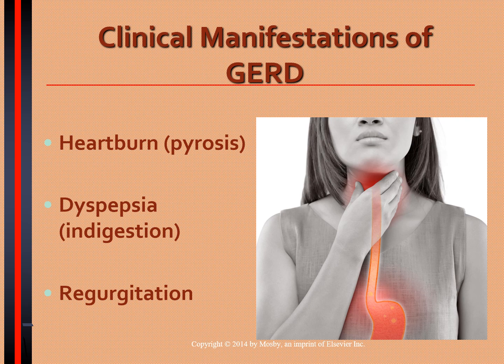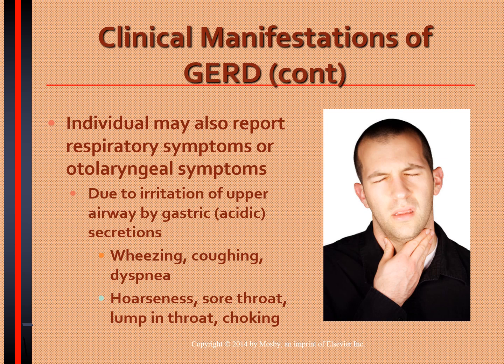Dyspepsia: pain or discomfort centered in the upper abdomen. And regurgitation, which is described as a hot, bitter, or sour liquid coming into the throat or mouth. The individual may also report respiratory symptoms or otolaryngeal symptoms. This is due to the irritation of the upper airway by gastric acid contents.